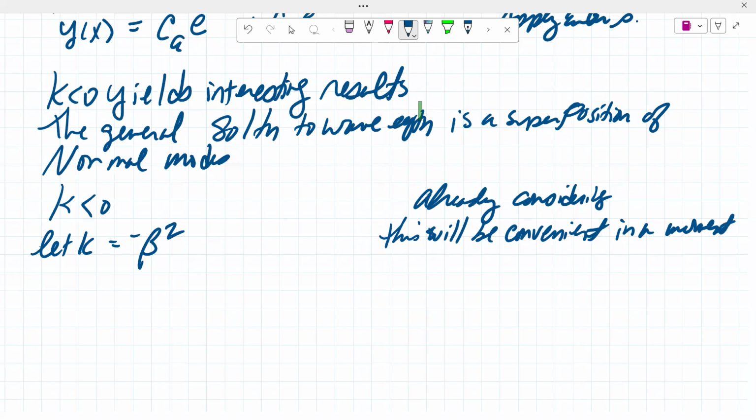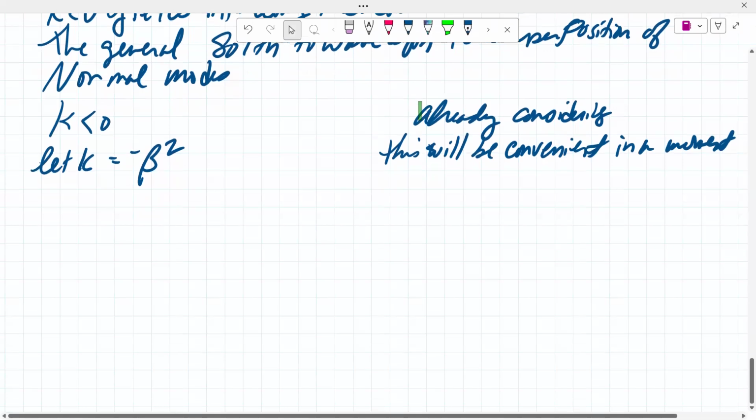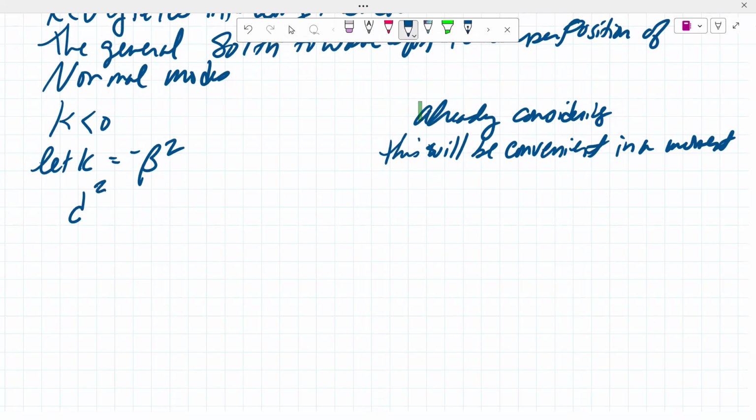So you could let your k be whatever variable you want. So why not let it be something squared? We're going to need to be doing some square rooting soon.